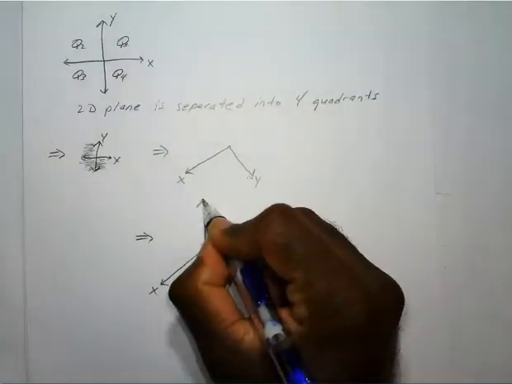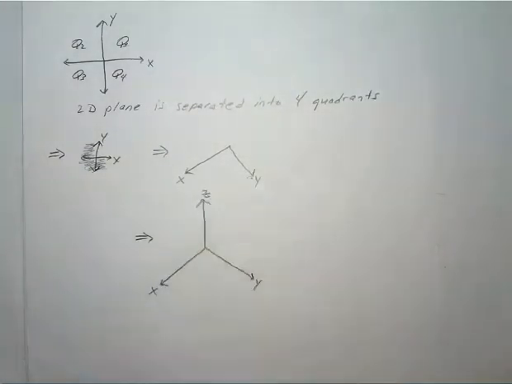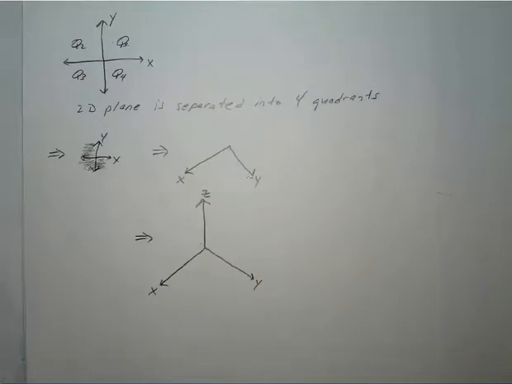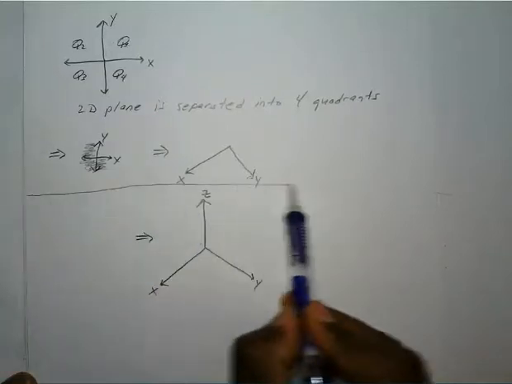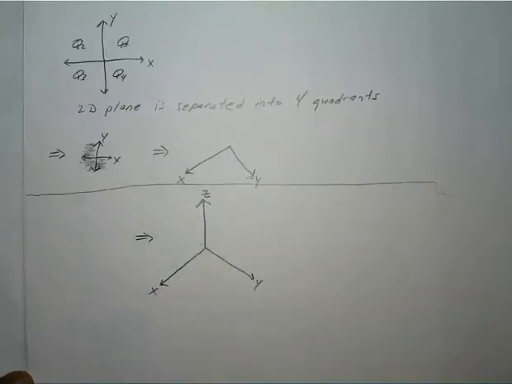And going up the wall is your z. Looking at that, this is now your 3D plane.